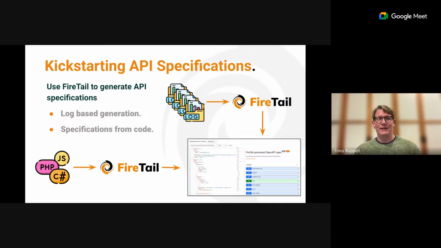That's the idea behind our push to get everybody to use OpenAPI specification.